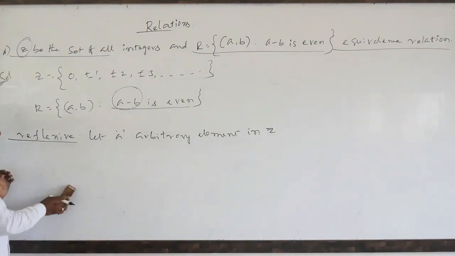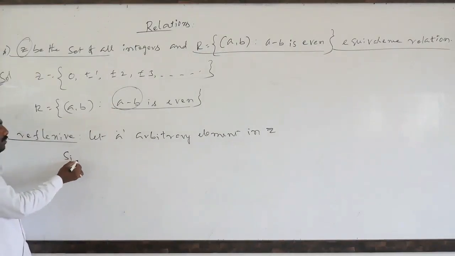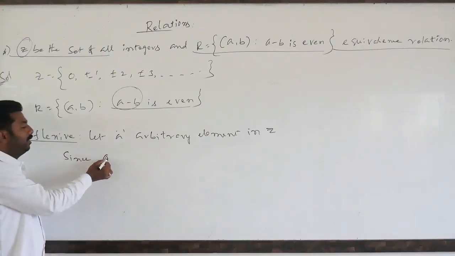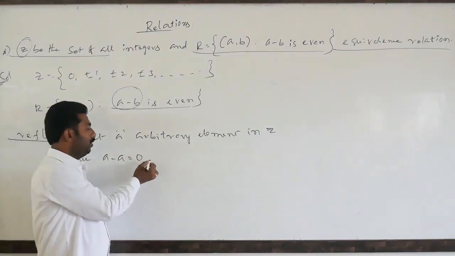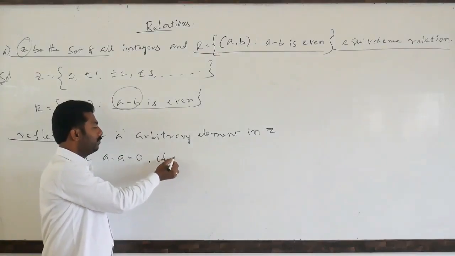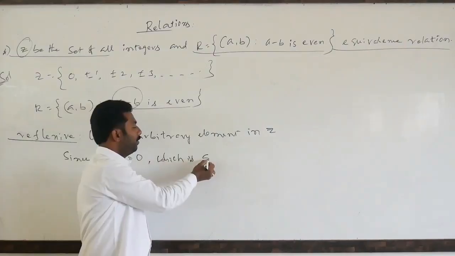Later we give the conclusion. Since A minus A, how much is it? It is 0, which is an even number.